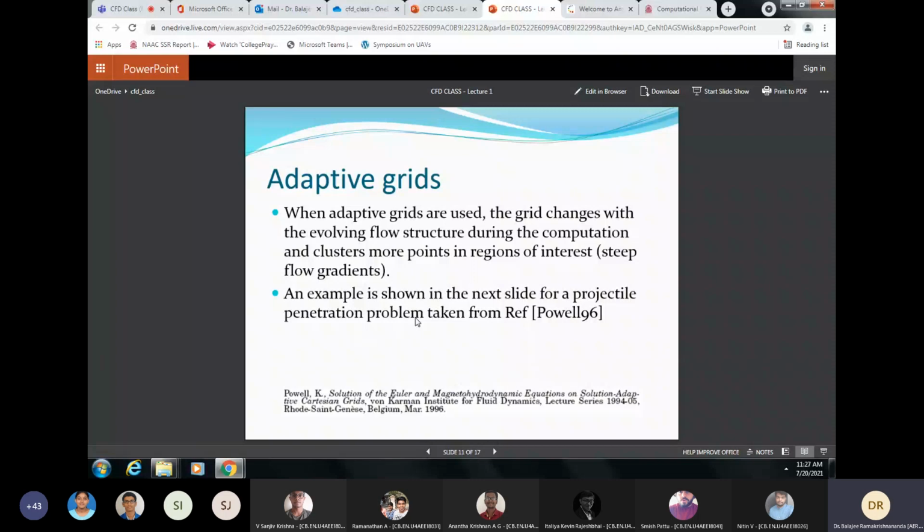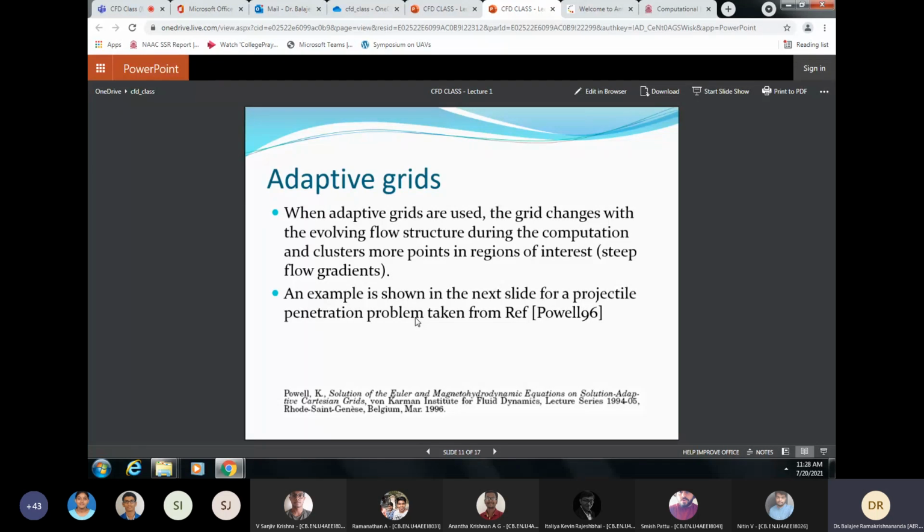So what if the shock is formed in the area where you have clustered less number of points? Only after looking at the solution you scratch your head. Oh God, I could have put more points there. So I might have got a better solution. So to address such issues, these adaptive grids are used, where after a certain number of iterations, the solution is seen.